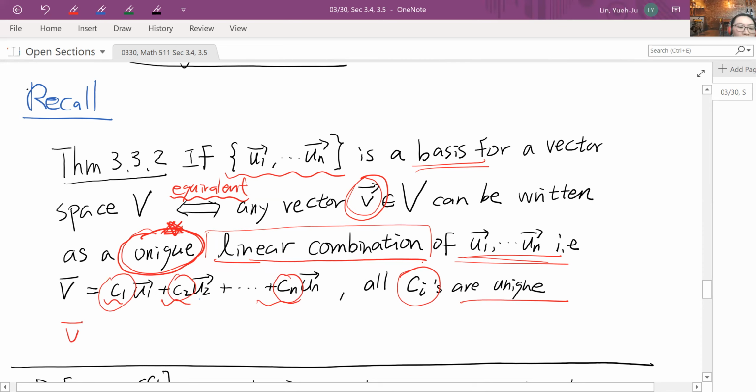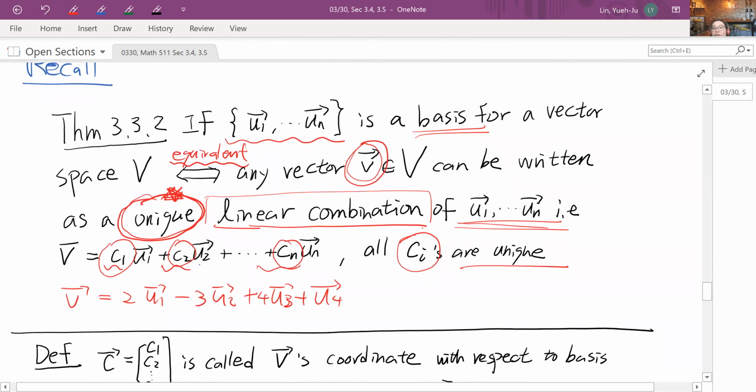For example, if you tell me v is equal to 2u1 minus 3u2 plus 4u3, let's say if I stop at 4, if that's just 4 vectors. Then if I know u1, u2, u3, u4 form a basis for my vector space, and if I know that vector v, whatever it is, is a linear combination of u1 to u4 with these coefficients, then there's no other way to decompose this vector v.